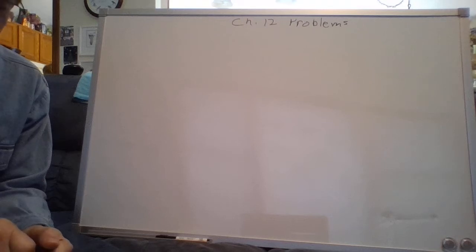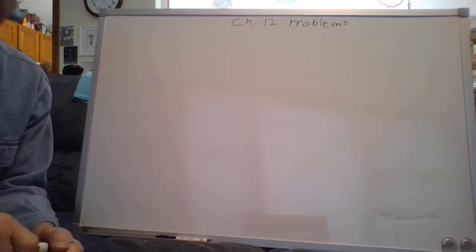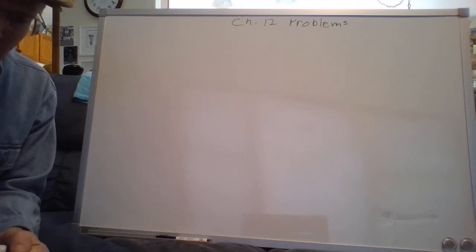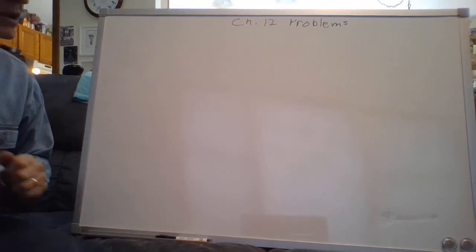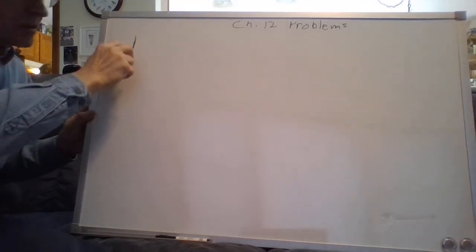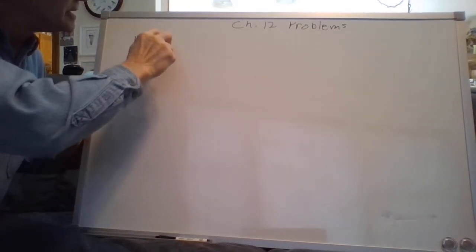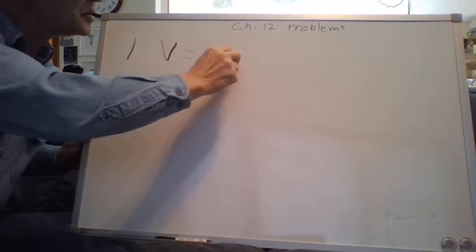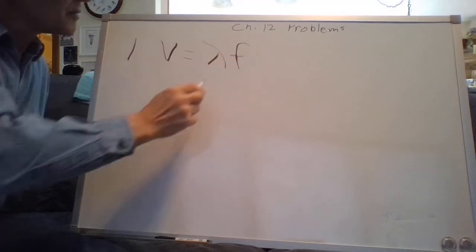So 55, a very low A, from a tuba in 20 degrees centigrade air. Well, we would have to know what is the velocity of sound. This is question number one. So the velocity, of course, is going to be the wavelength times the frequency that we were given.